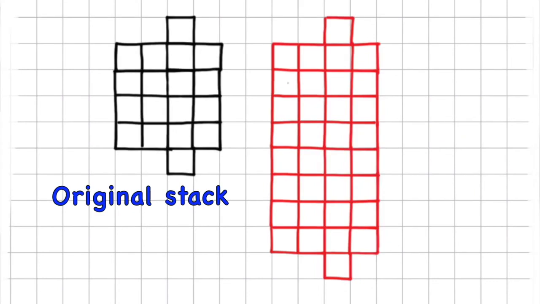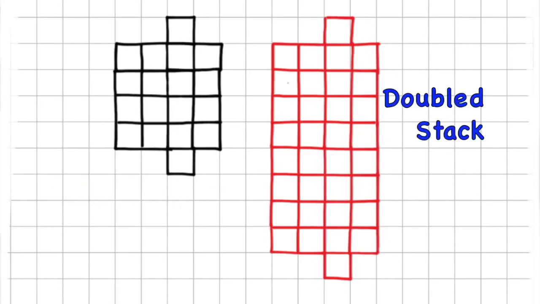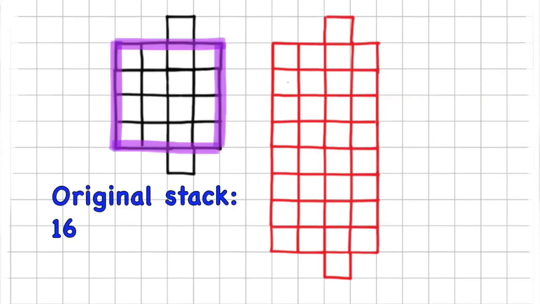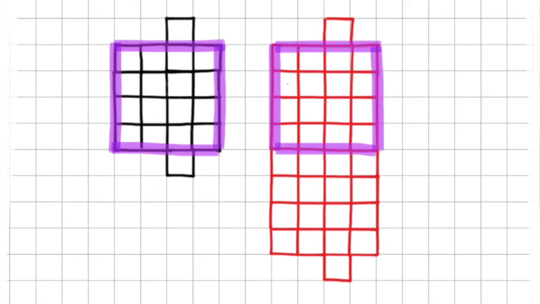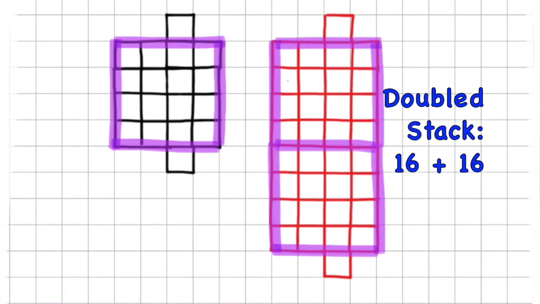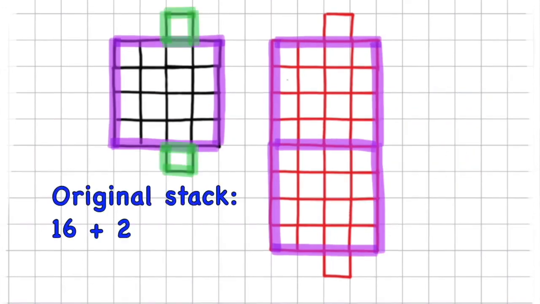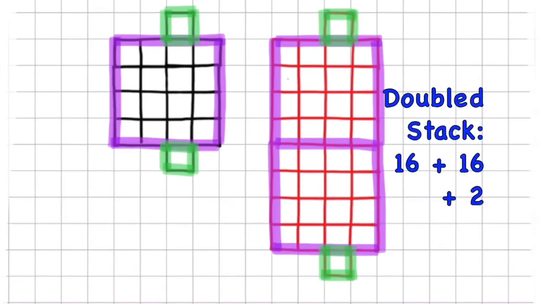The original stack on the left, the doubled stack on the right. The surface area of this section of the original stack is 16 square units. The doubled stack is 16 square units plus 16 square units. The original stack was 16 square units plus the 2 bases. The doubled stack is 16 square units plus 16 square units plus the 2 bases.